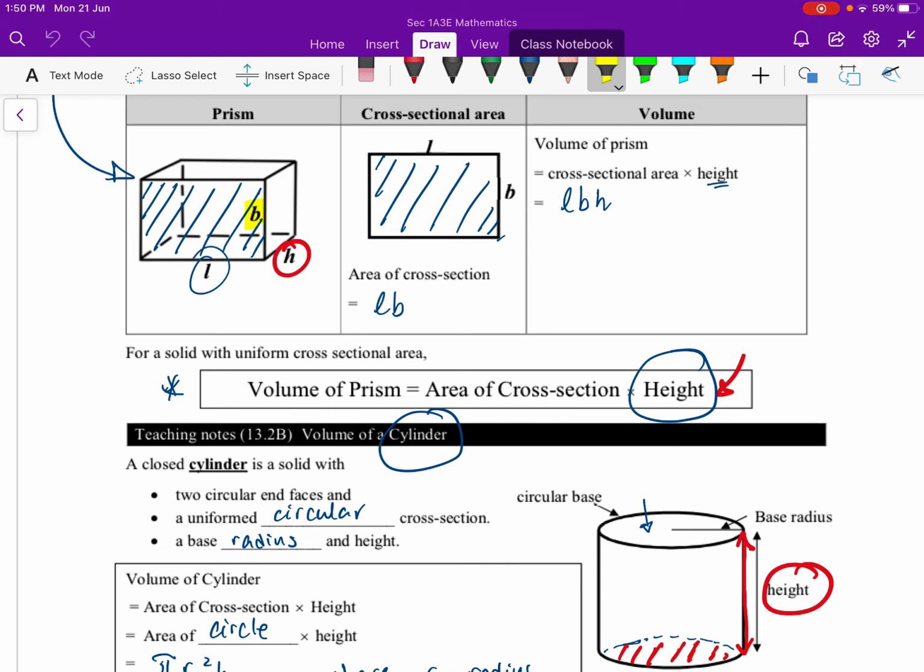We have to remember that in the volume formula for the prism, this height is related to how much of the uniform cross-sectional areas you have stacked up. The more uniform cross-sectional areas stacked up, the greater this height will be.